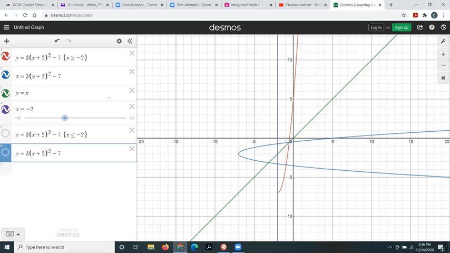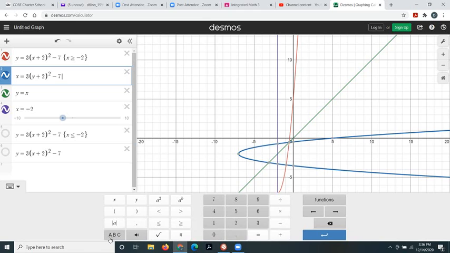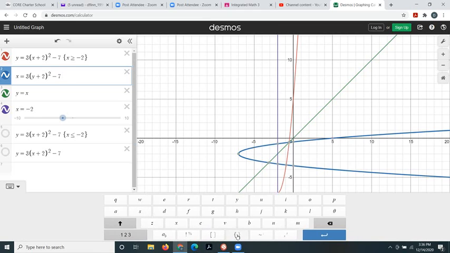So what I'm going to do is restrict my domain, and you can do that by going to the curly brackets, or the braces. Actually, I want to restrict my range. I want to make it so that this bottom part is gone. So I want y to be greater than or equal to -2.